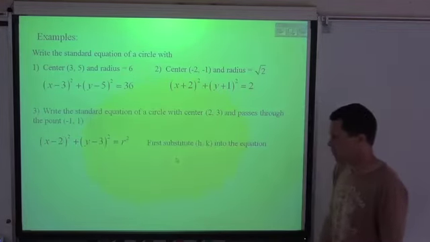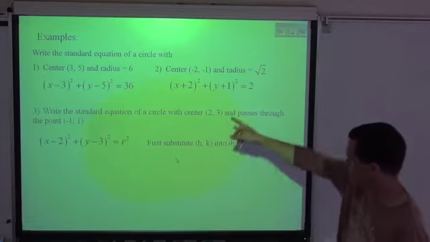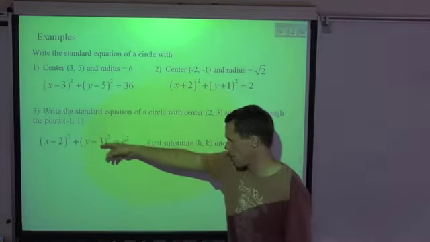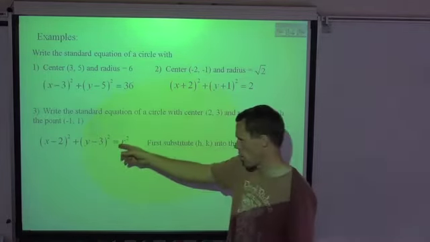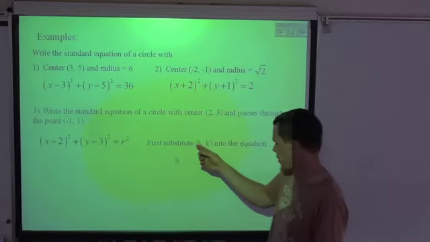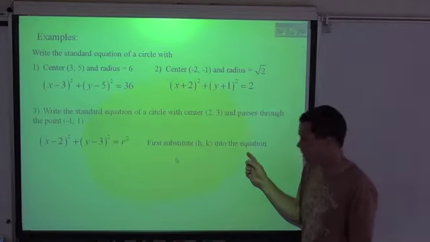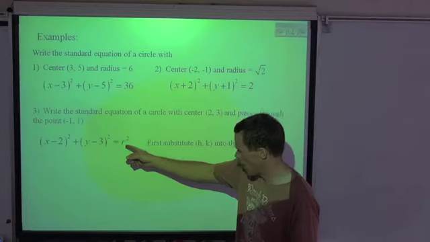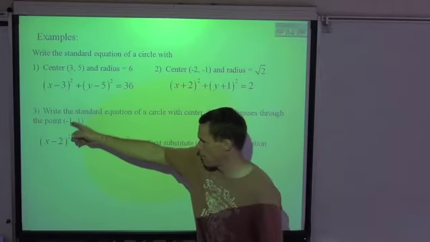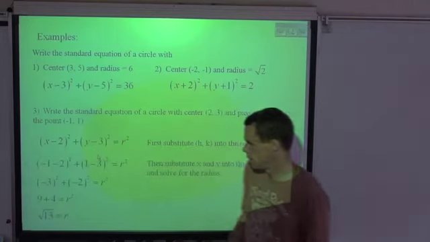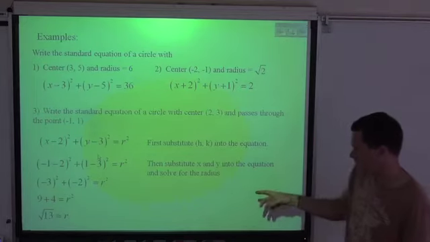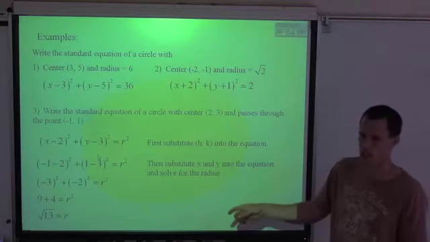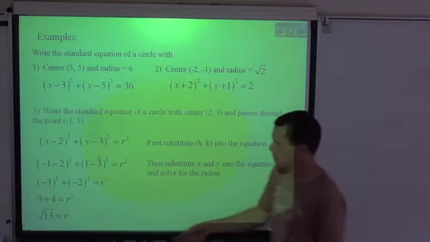So the equation would be x minus 2 squared plus y minus 3 squared equals r squared. So first we substitute h and k. Now we don't have r, but we have x and y.